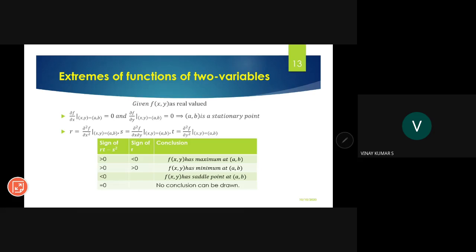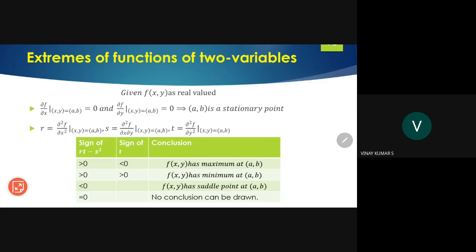So this is about two variables, how to find and talk about extreme values. Let f of xy be real valued. Then at xy equal to ab, if the first order derivatives become 0, then ab is called a stationary point.